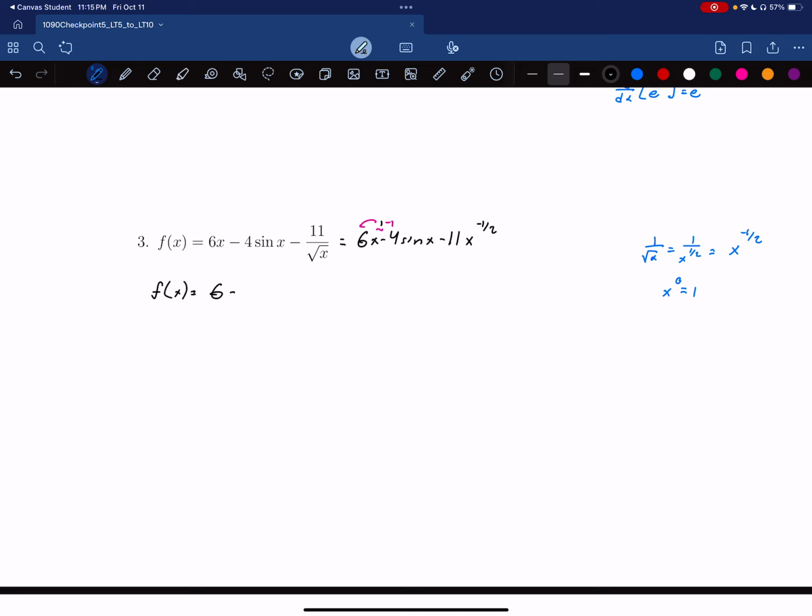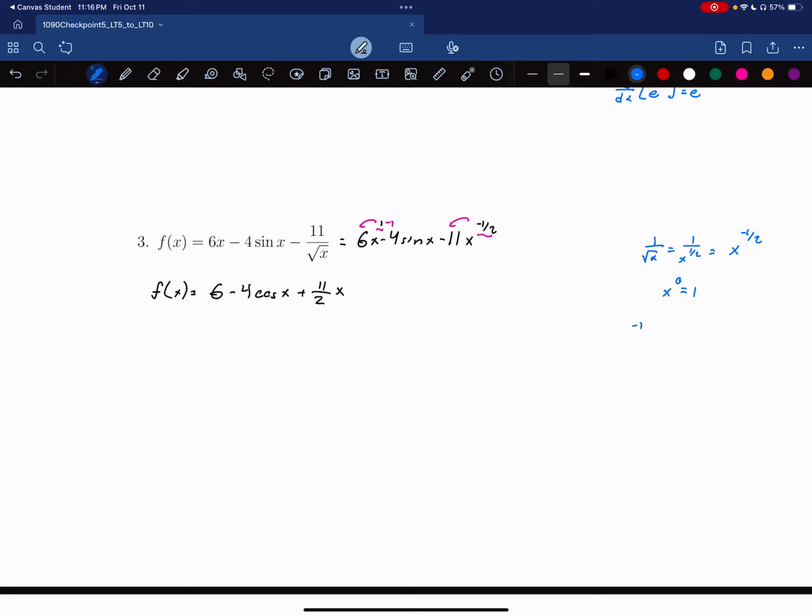Then minus 4, derivative of sine is cosine. And then another power rule step, where the exponent comes out in front. And we have a negative 1/2 times negative 11. So I end up with plus 11 over 2x.